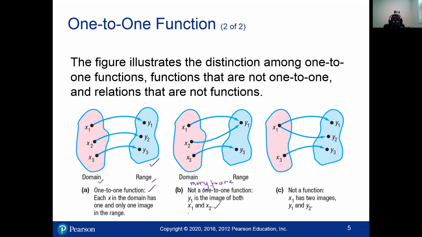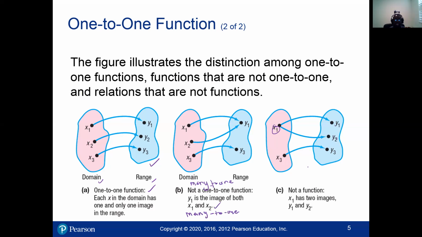Let me write that down here: many to one function. Now the last one is not even a function because x1 has two outputs. It is not even a function, let alone a one-to-one function.